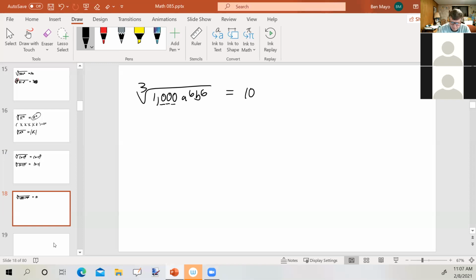I should have seen that. That's okay. What's the cube root of a to the 6th? That'd be a squared. Cube root of b to the 6th? Squared. Do I need absolute value bars or anything there? I don't think so. Okay, good.